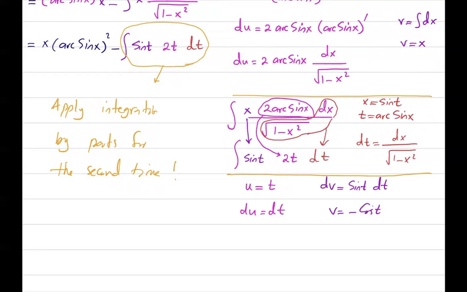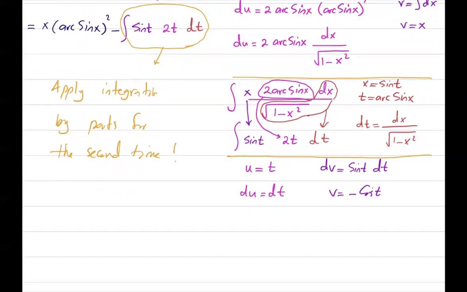Very good. So this integral can be written as, I'm going to rewrite the whole integral again: x times arc sine x to the second power minus uv. I'm going to use brackets here. And don't forget you have a 2.